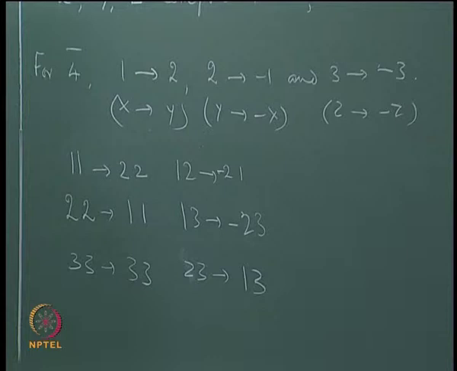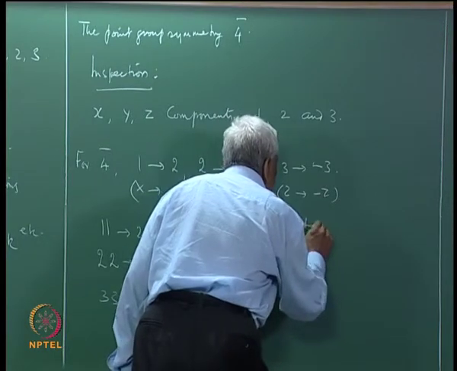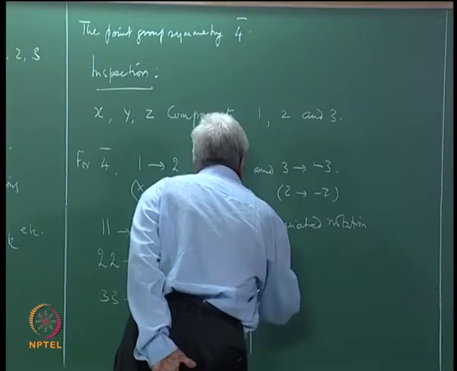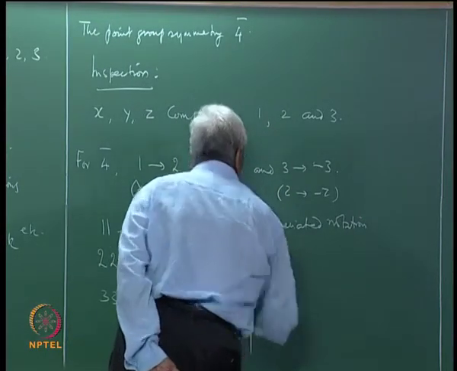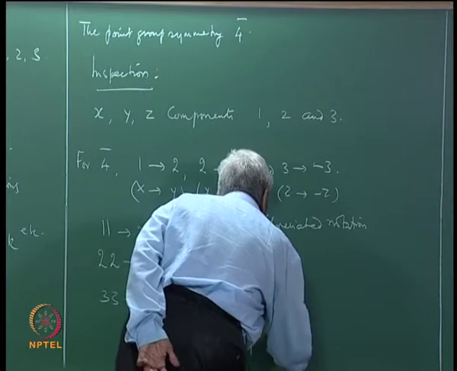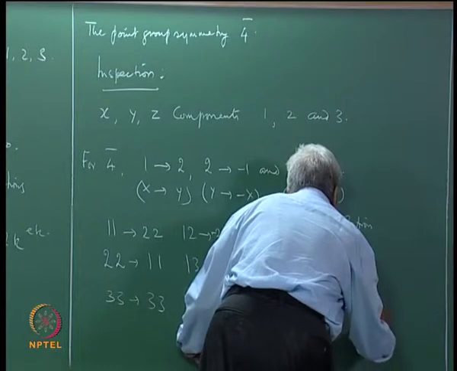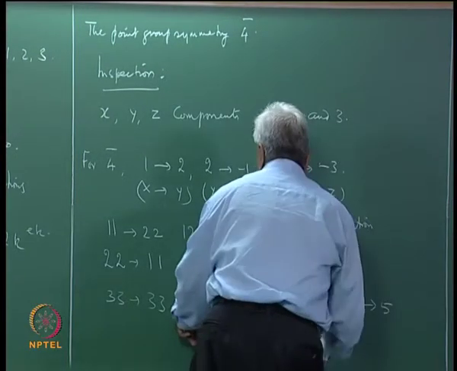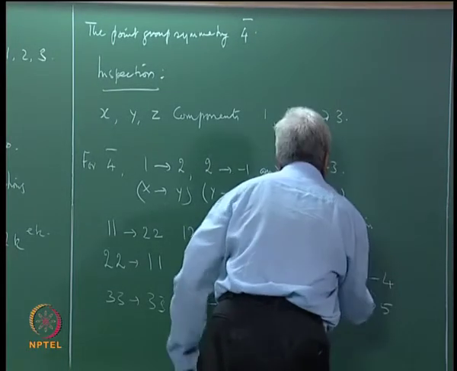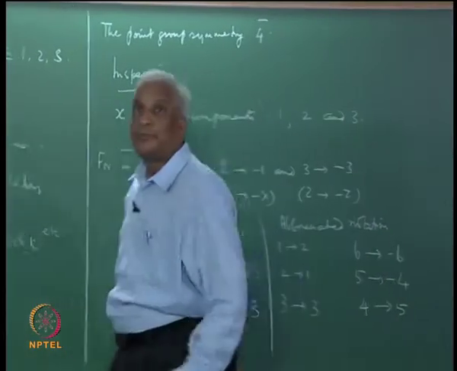And we have already seen that there is an abbreviated notation in which 11 is written as simply 1, and that becomes 2, and 2 becomes 1, and 3 becomes 3, and we know 23 is 4 and 13 is 5, and 12 is 6, and that becomes minus 6.